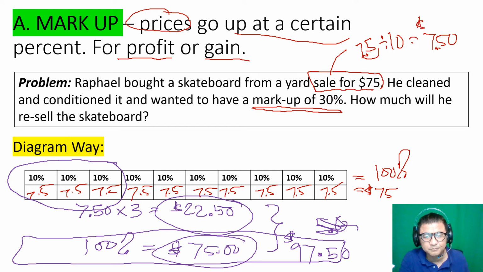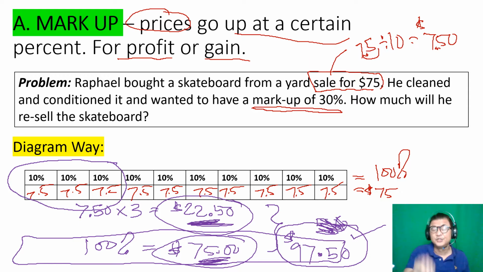So the skateboard will now be sold for $97.50. Do you think Raphael deserves the additional amount? Of course, that's the profit, the $22.50. But of course, you have to charge the $75 because you bought it for that amount. Remember that markup. And what did we use? The diagram way. There are other ways to solve this.